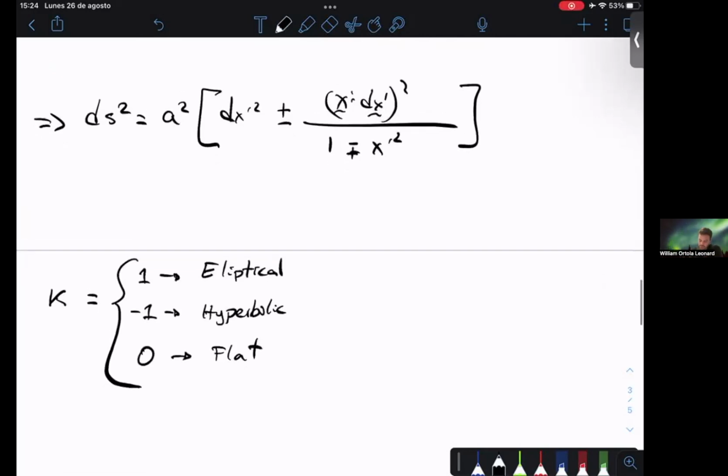And again, we introduce it into this term here, absorbing the plus or minuses that we have.